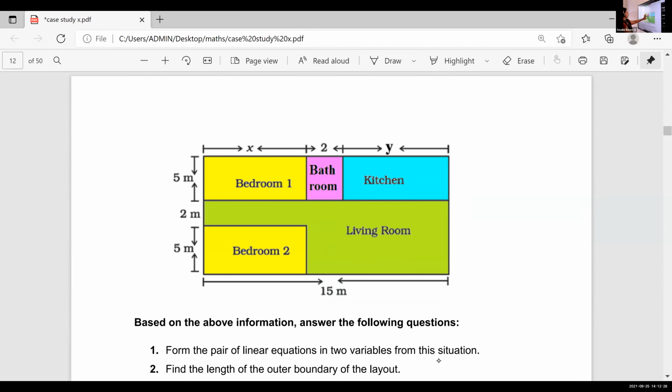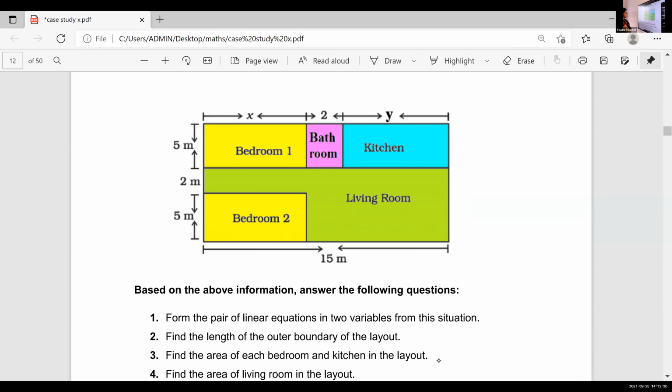Based on the above information, answer the following questions. Can you frame the equations? Form the pair of linear equations in 2 variables for the situation.